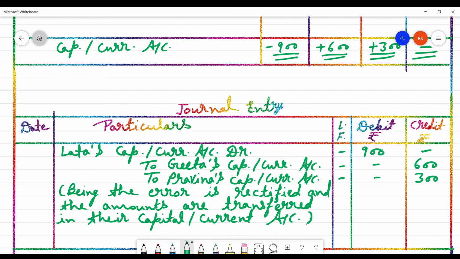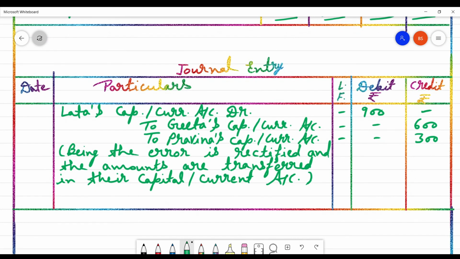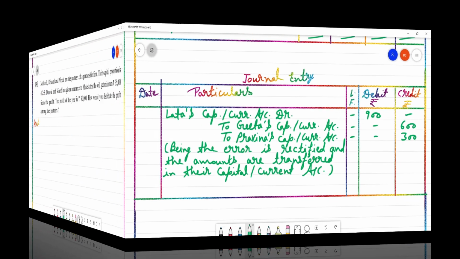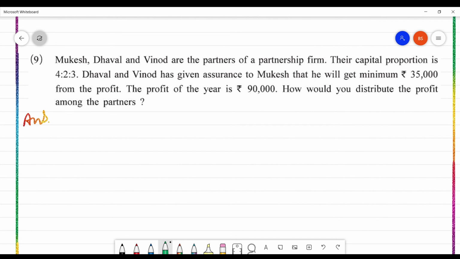This sum also finishes. Students, let's learn the ninth sum.